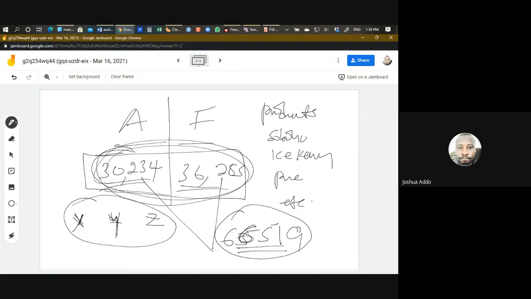Okay, so let's look at the departmental one first. Let's take the example in your book. If you open to page 133 of your text.